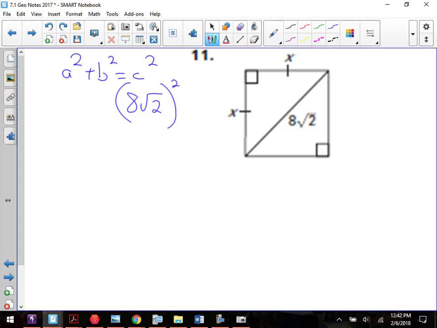Because remember, when you are squaring something, if I take 3 squared, that means it's 3 times 3. So if I take 8 root 2 squared, it's technically 8 root 2 times 8 root 2.